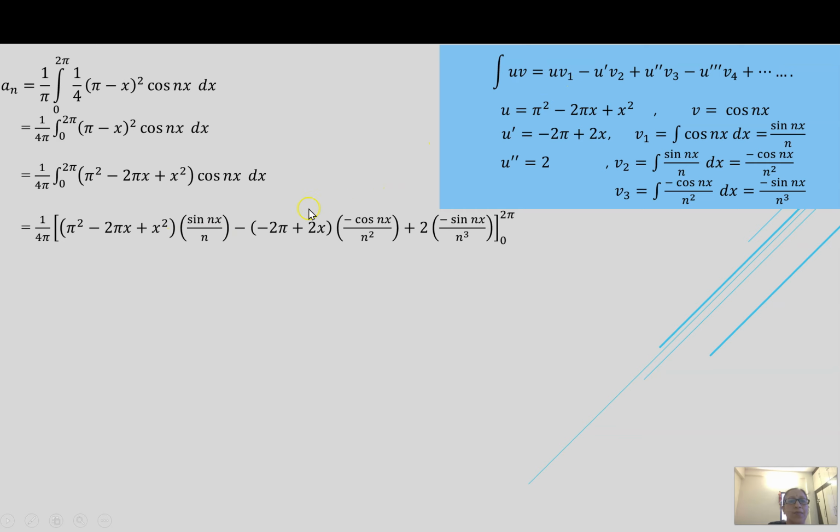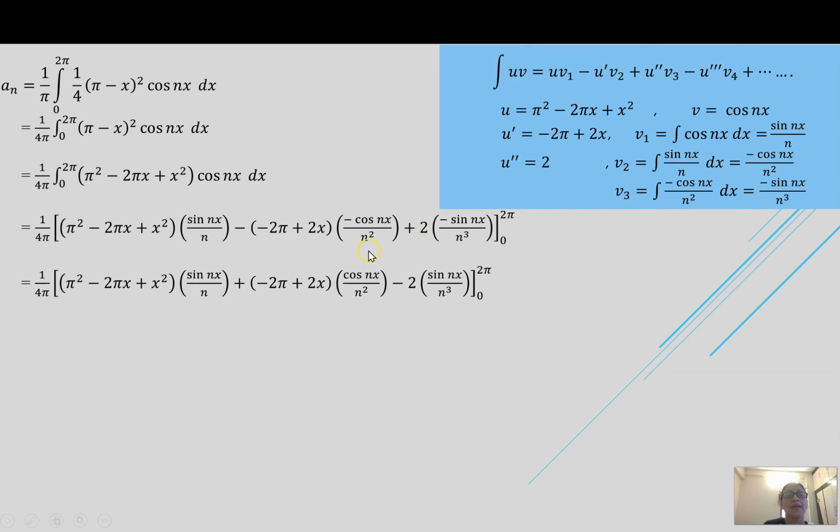Now minus u dash means minus 2 pi plus 2x, and v2 is minus cos nx by n square plus u double dash is plus 2 into v3 is minus sin nx by n cube under the limits 0 to 2 pi. Okay, so after integration, after applying this uv rule, we have to apply given limits. So here you should write those limits here outside the bracket, lower limit and upper limit. Now here let us simplify the terms which are within the bracket.